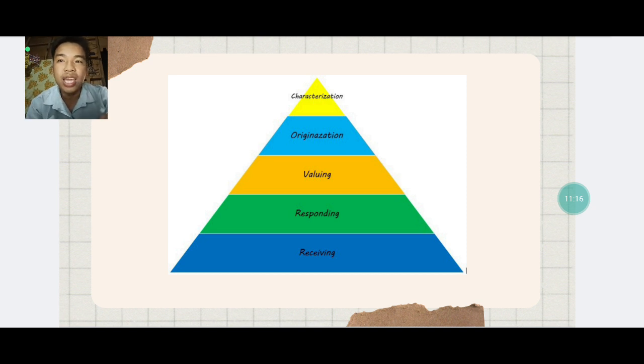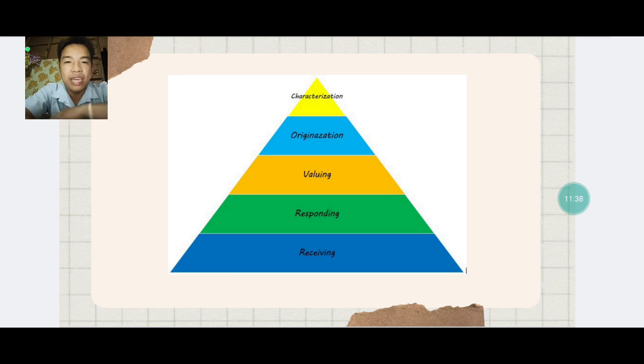Responding: speak effectively in front of an audience and actively respond. Valuing: demonstrate and explain own values regarding various topics. Organization: compare value systems and understand the evidence behind them. Characterization: work well in a team of peers.